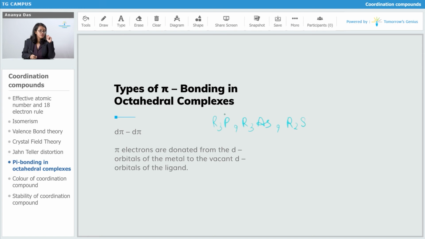In all of them, phosphorus, arsenic and sulfur have lone pairs of electrons, so they can be donated to the metal to form a sigma bond. But all of them also have vacant d orbitals. So the metal can donate electrons back to the vacant d orbital of the ligand and form a pi bond.